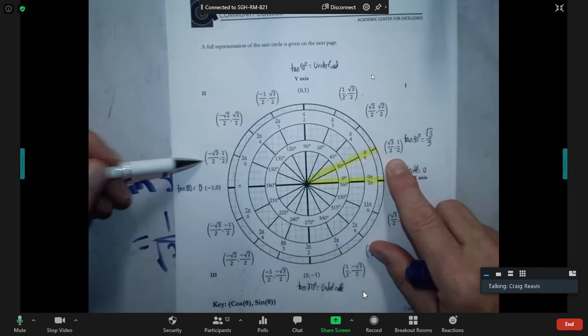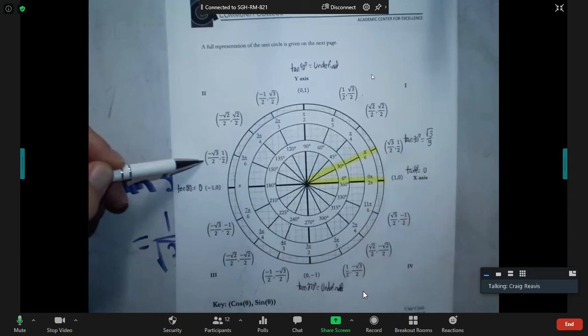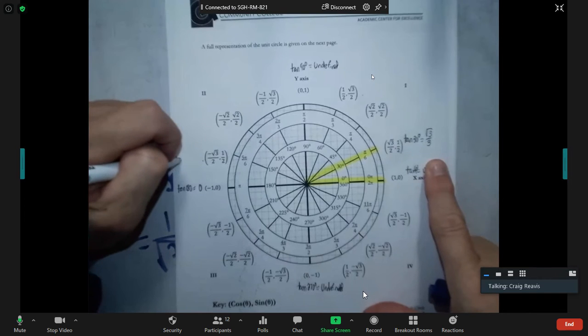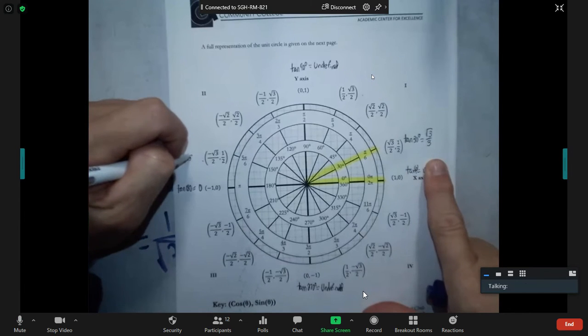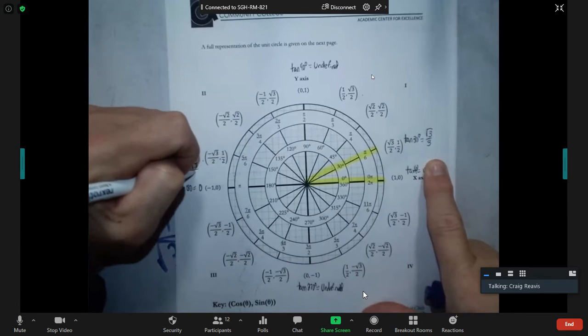Does everybody see that the 150 degrees has that same? So that means we're going to put the same y over the same x. So if I take the tangent of 150, that is also going to simplify to the square root of 3 over 3.